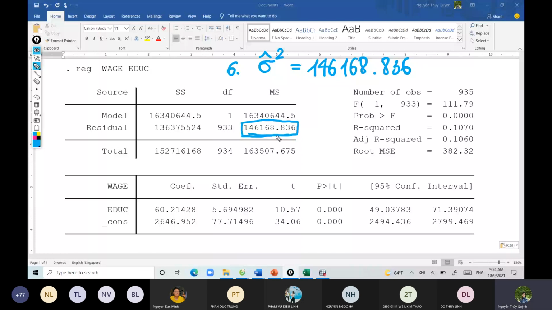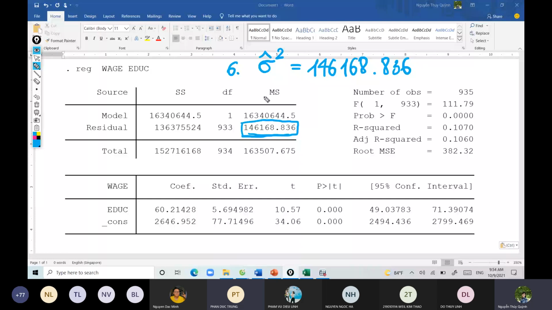Okay, that is the estimated value of the variance of the disturbance UI. Now, if I ask you, what is the estimated value of the standard deviation of the disturbance UI? So what is it? It is sigma hat, and it is the square root of sigma hat square.